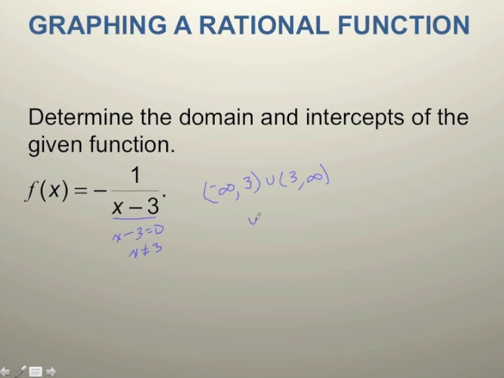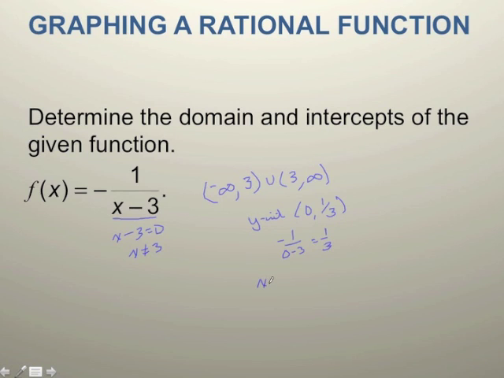The y-intercept, so x equals 0, well, if we filled in a 0, we'd have negative 1 over 0 minus 3, or we would have 1/3. So the y-intercept is 1/3.